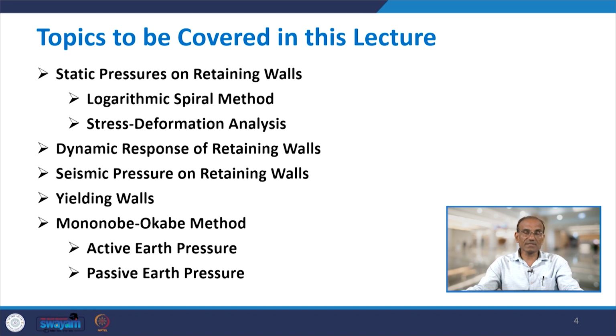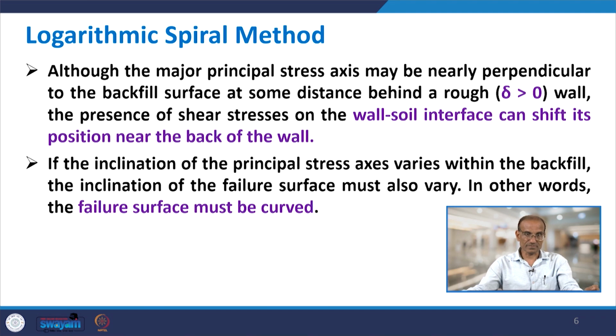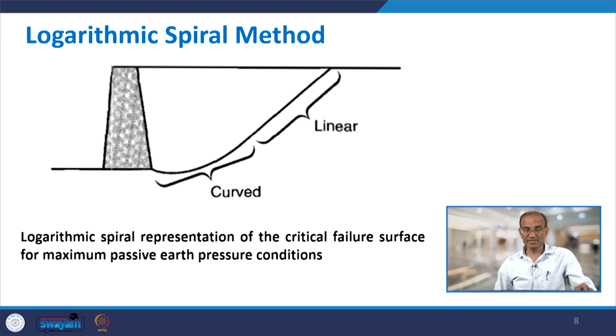Let me acknowledge that most of the information is from Kramer's book. Coming to the logarithmic spiral method: in Rankine theory or Coulomb's theory, we assume that the failure surface is linear.